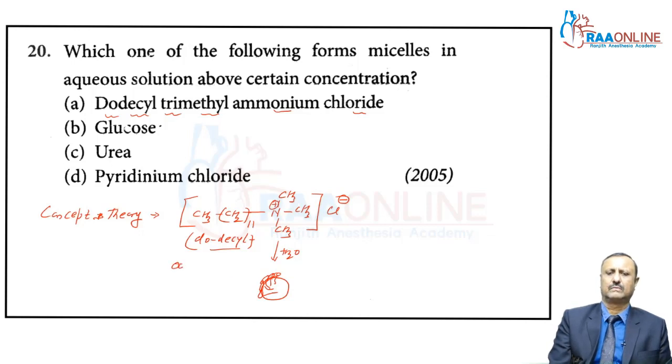All these molecules are attached with each other, and my dear students, you can see here this hydrocarbon part present in the grease. So this is the grease part, and this is the hydrocarbon tail.